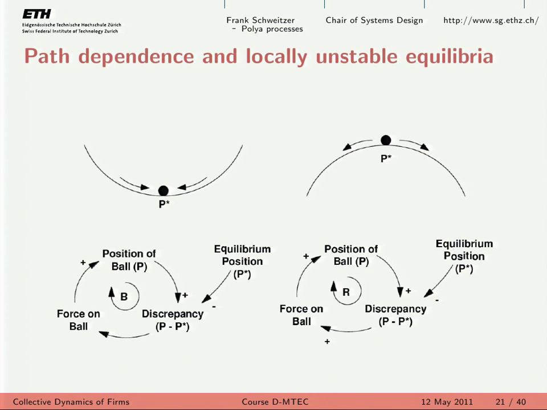In systems, dynamics, and complexity, we basically look into nonlinear dynamics. What we do here in this course is collective dynamics of firms, and we look into agent-based models. Firm A is interacting with firm B, firm A makes a decision, firm B grows, and so on. So with these kinds of things, we look into agents, not into the system as a whole.